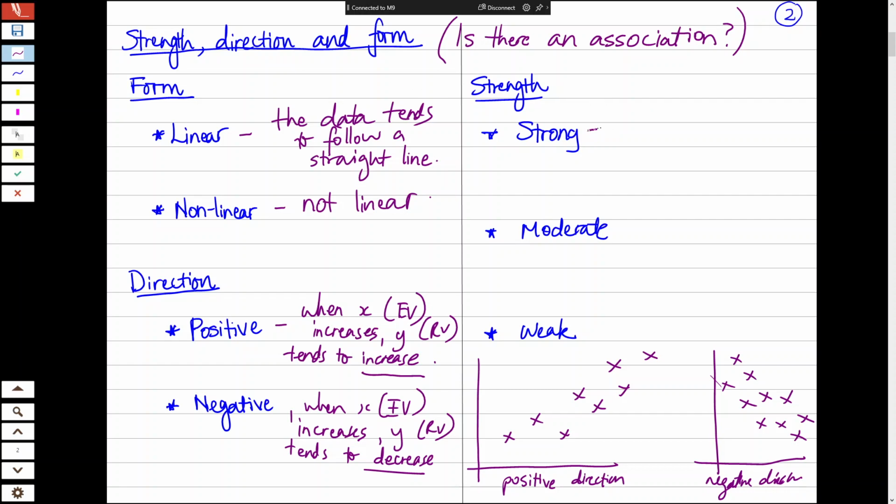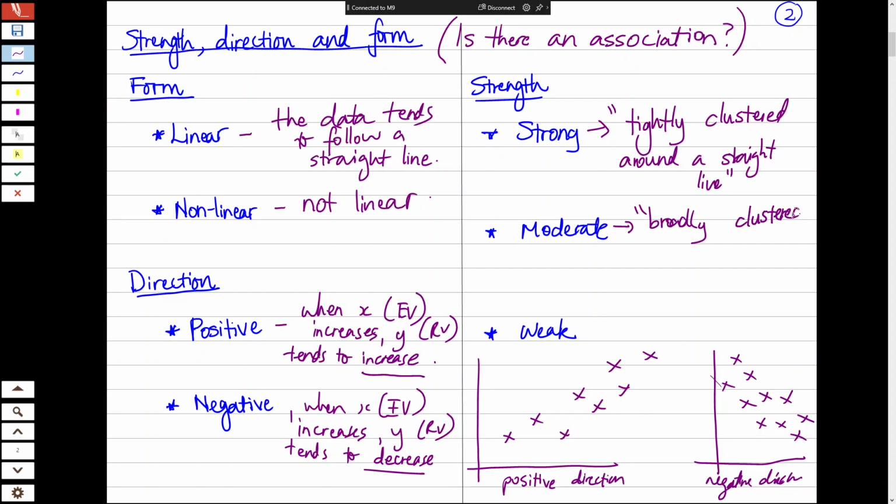So I'm just going to give it to you. This is quite subjective, which is why I'm not going to spend a lot of time on it, but there is a stage in this course where they'll give you a plot, they won't give you R, and you'll have to make a decision.